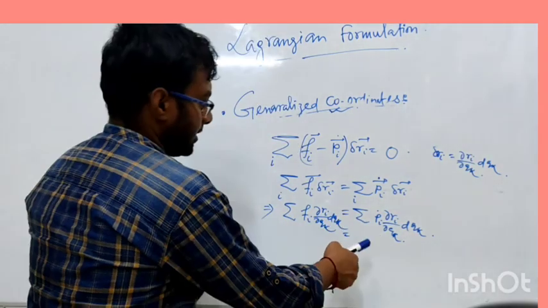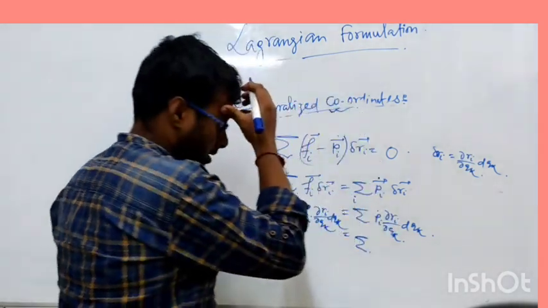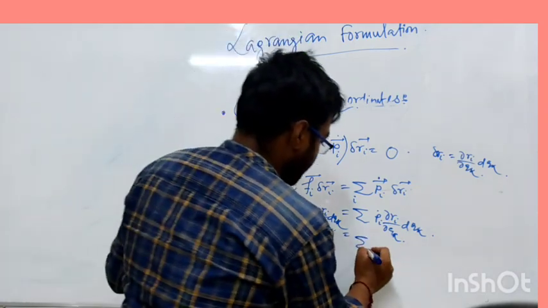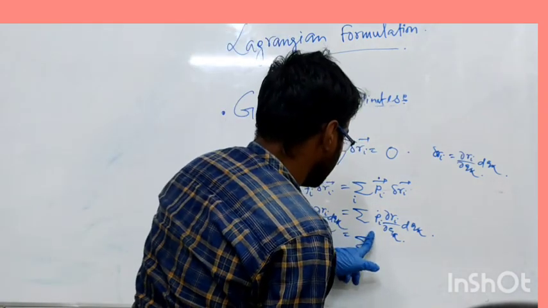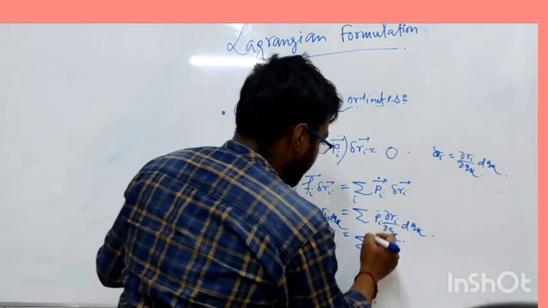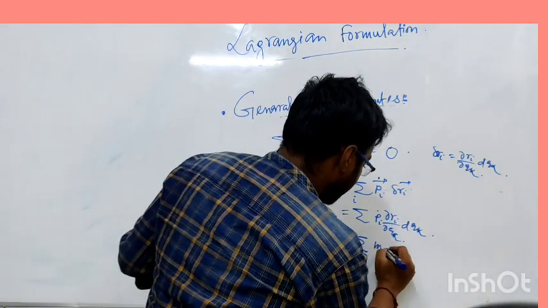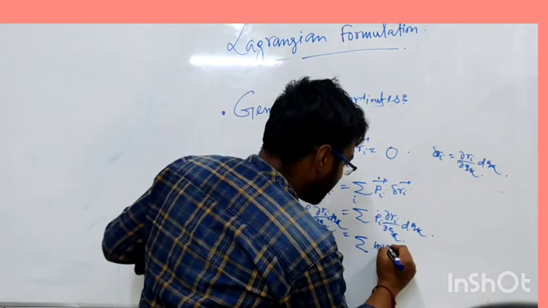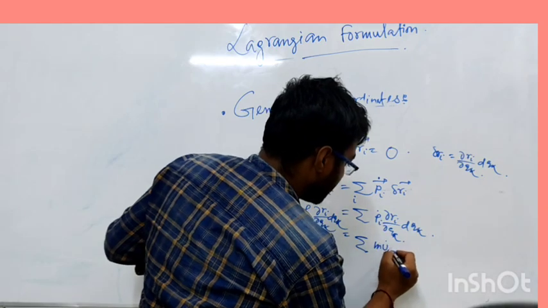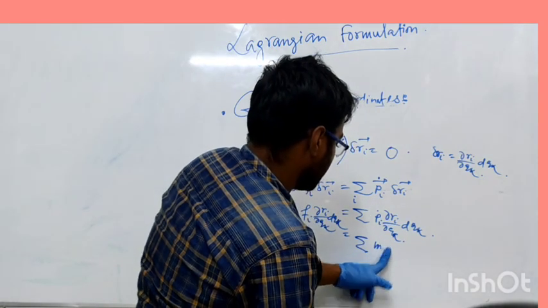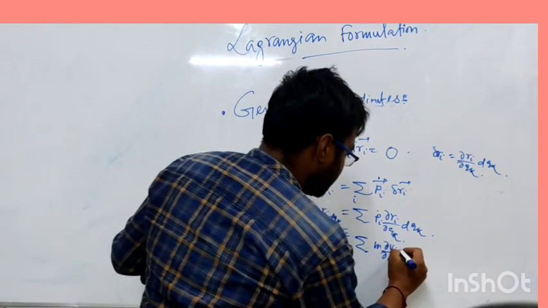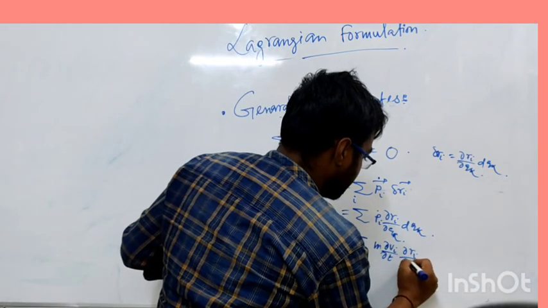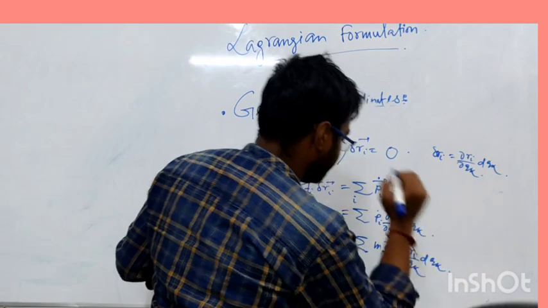If we see that equation, it can be represented as summation over m Vi dot, or del Vi del T, del Ri del Qk dqk.